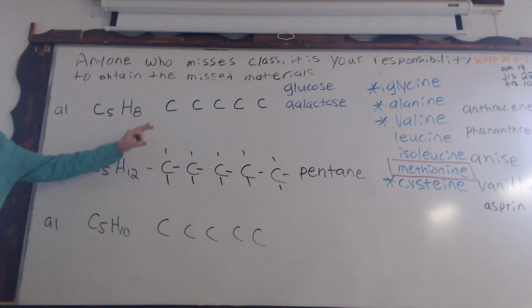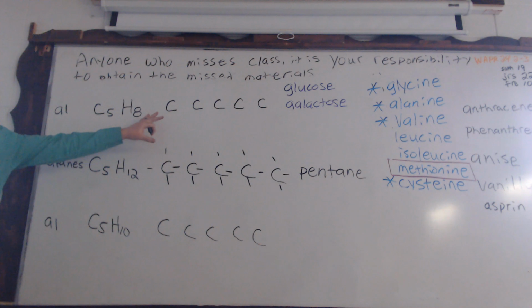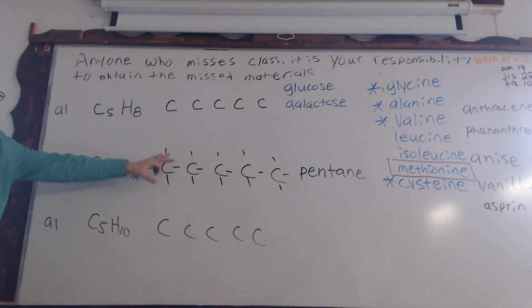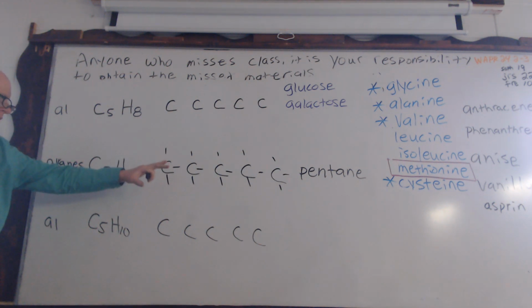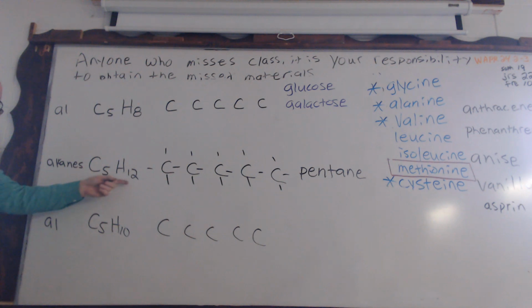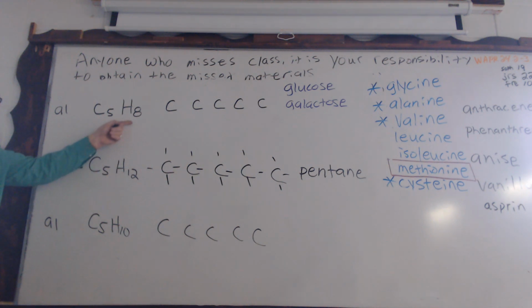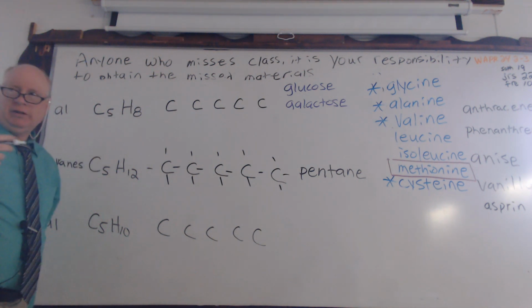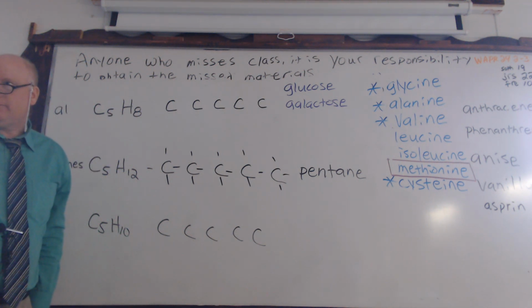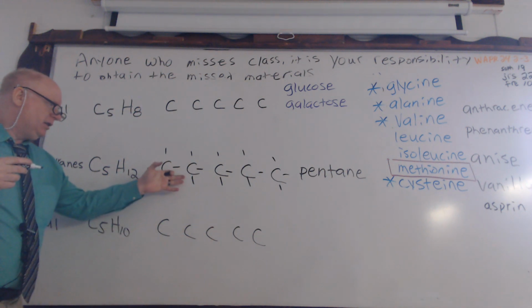So we picked the top one. So we know we can't have single bonds in there because we've already established that with our alkanes. So it's got to be something different. Okay? So what might this be a clue to, what this might have in it? So it's not single bonded because we've done that already.